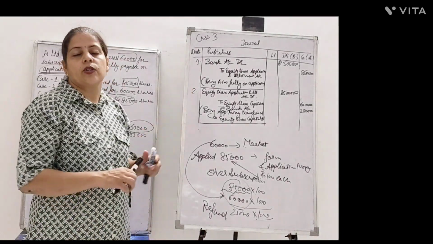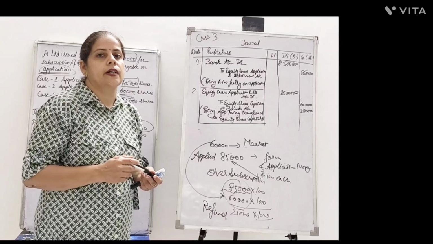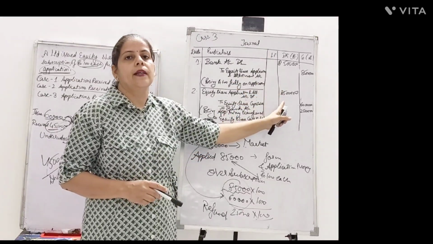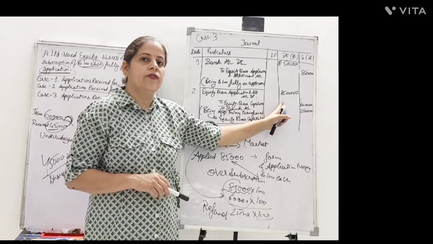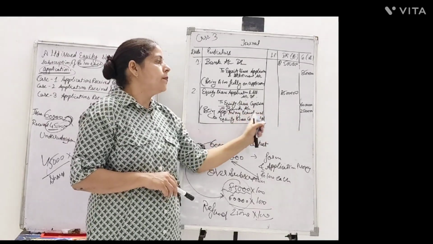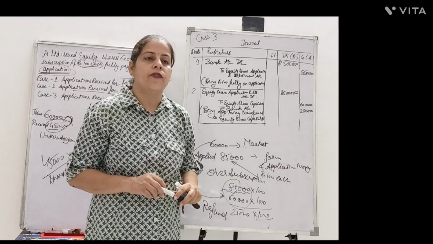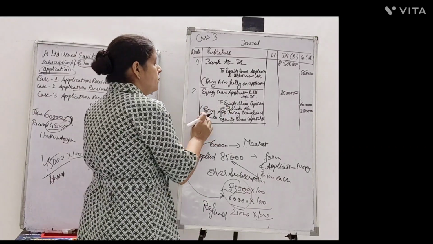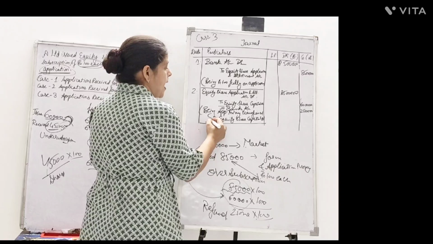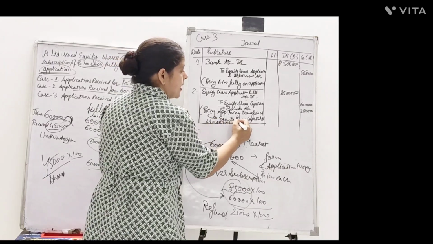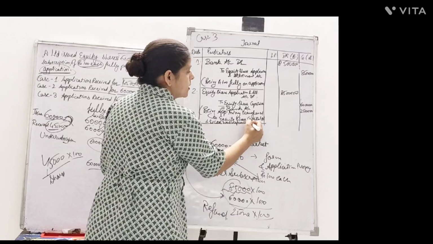So here the entry was bank account debit, equity share application and allotment 85 lakh. Equity share application and allotment account debit 85 lakh, to equity share capital 60 lakh, to bank rupees 25 lakh. And the narration being application money transferred to equity share capital and excess was refunded. So this is how we did it for oversubscription.